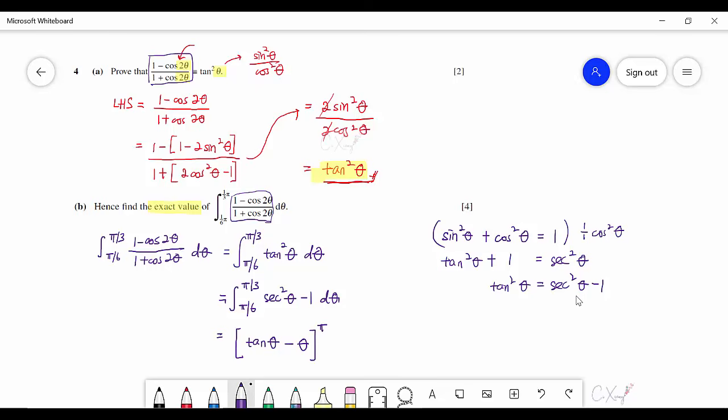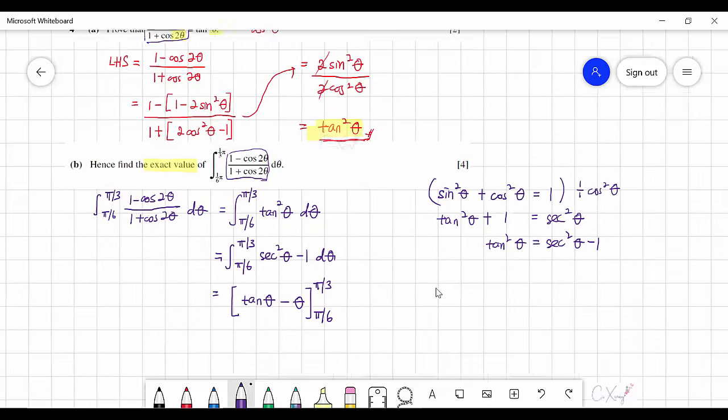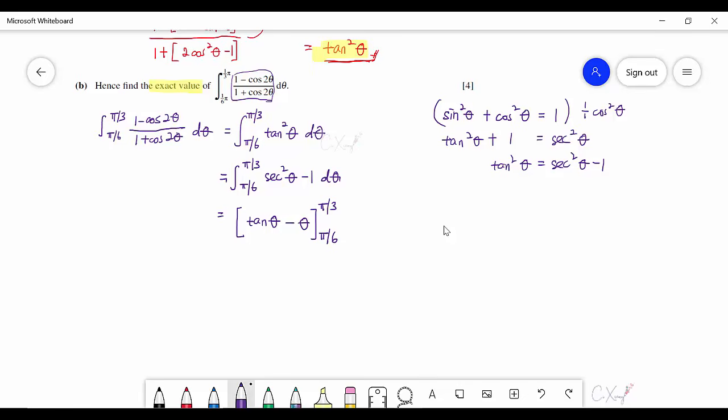You need to substitute the limits into the equation and try to rephrase them. How can we continue? Substitute tangent pi over 3, which is tangent 60 degrees, then minus pi over 3, and after that tangent pi over 6, minus pi over 6.